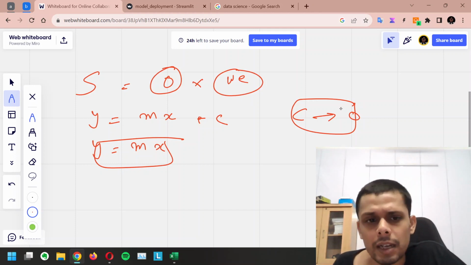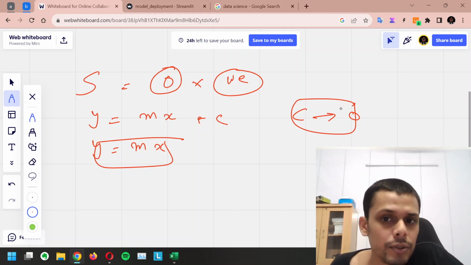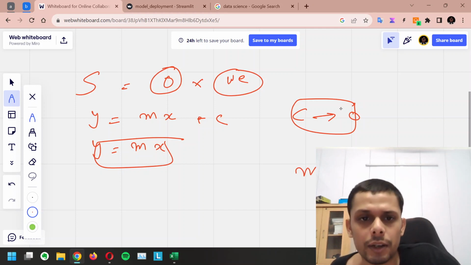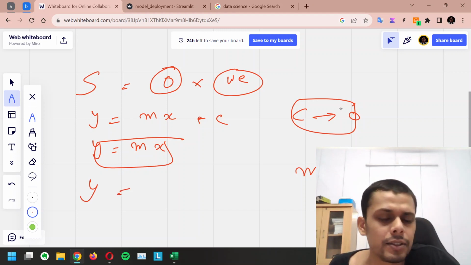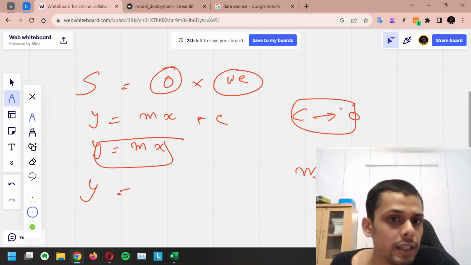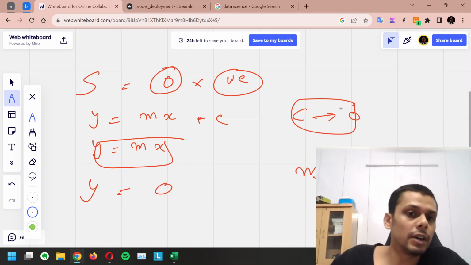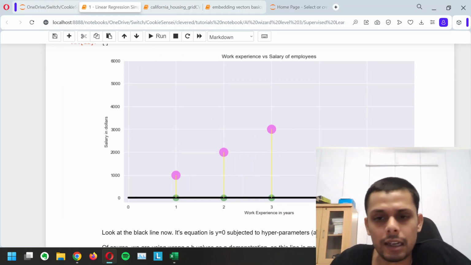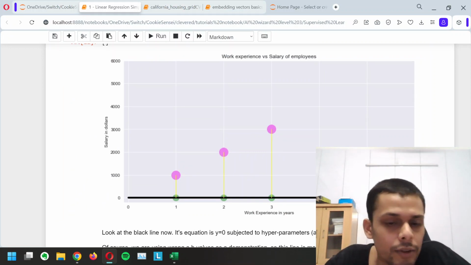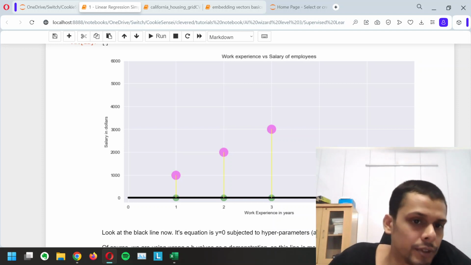Anyway, what happens is we usually start with random values of m. We take a random value of m, we try to fit it, and then we try to evaluate the cost. Let's assume that our m initially was m equals 0. Then the equation would have been y equals 0. And the y equals 0 equation can be visualized using this kind of line, the black line, which is lying completely horizontal, meaning that no matter the value of x, the y value is still 0.